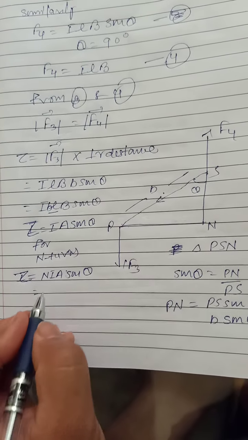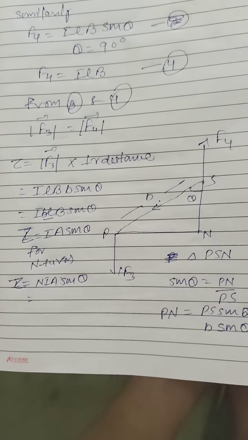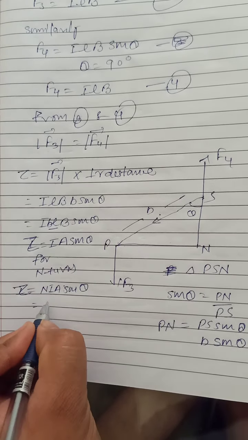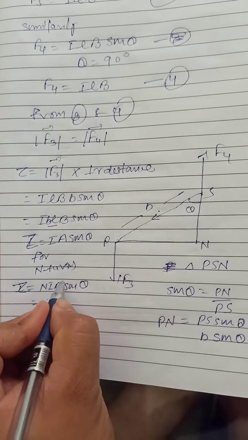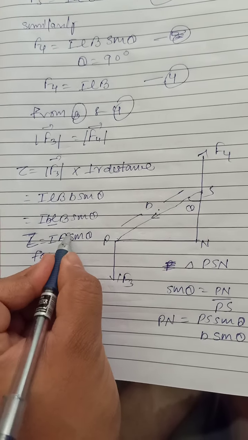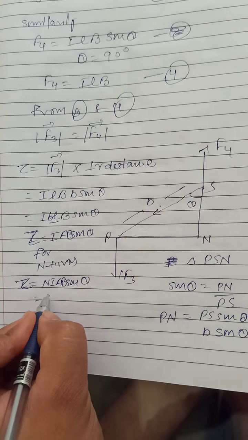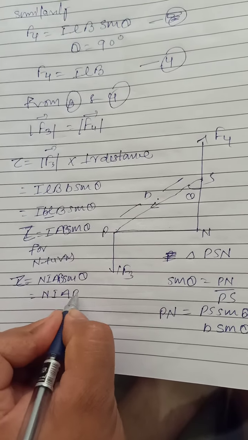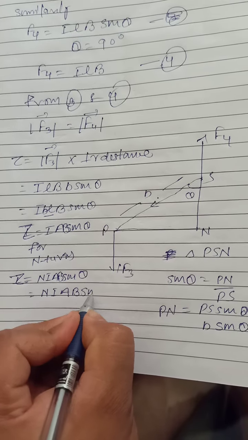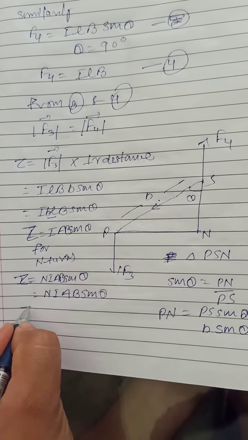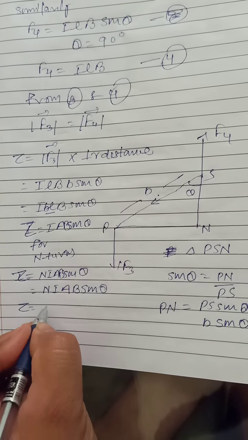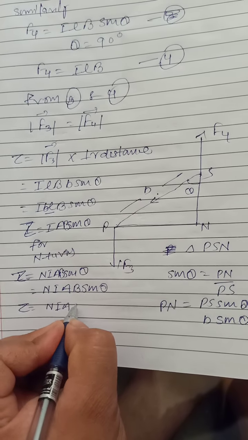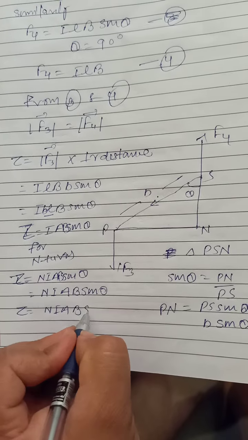So this is NIAB sine theta. So this is the torque equation for a coil placed in the uniform magnetic field.